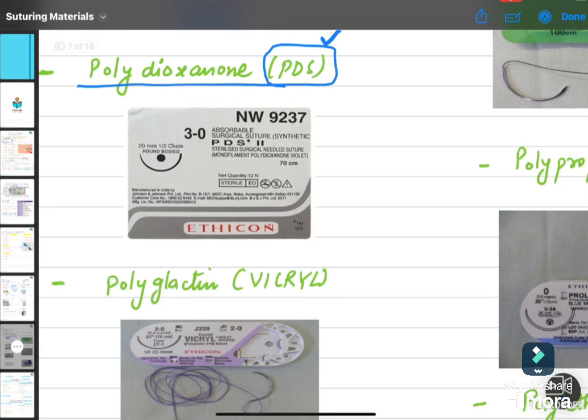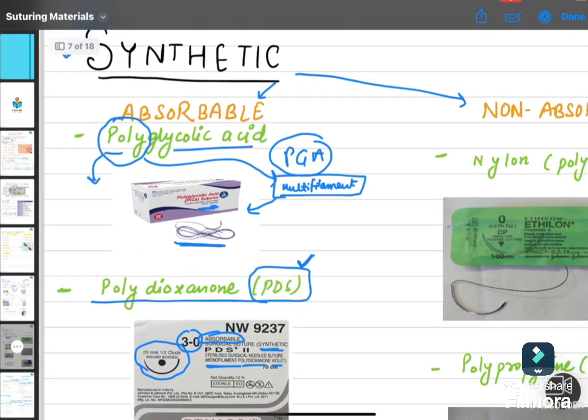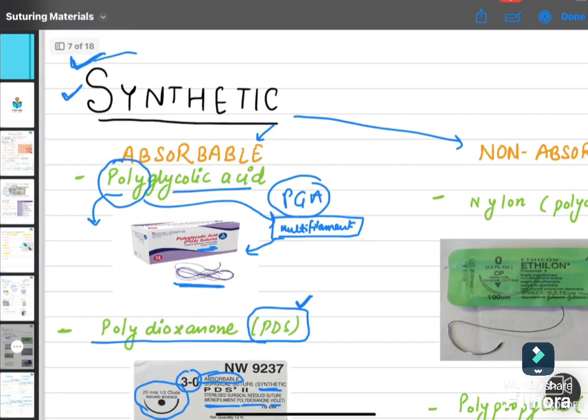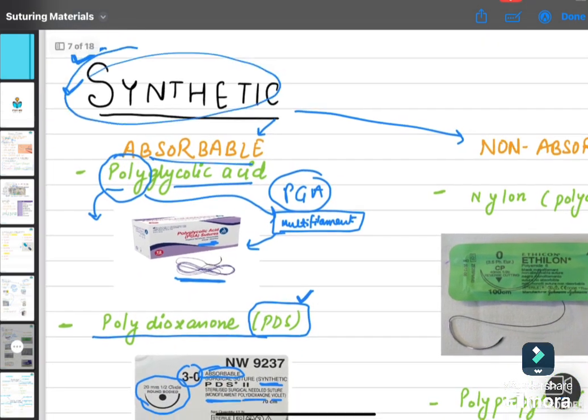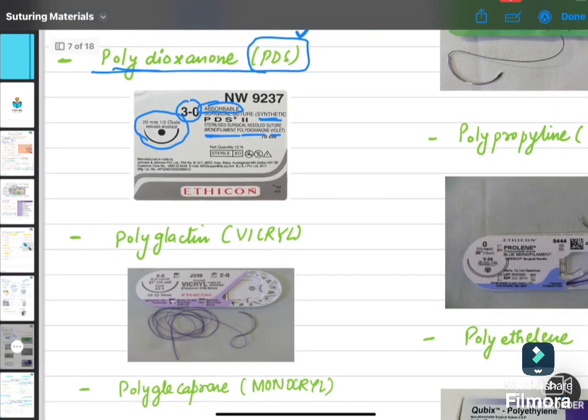Then you can see here, this is the numbering of the suture. These are the needle details, and this is monofilament, polydioxanone, violet sutures. You can see absorbable and synthetic. This is what we are studying. Synthetic, absorbable. You have studied polyglycolic. Now polydioxanone. Third one is polyglactin or Vicryl.